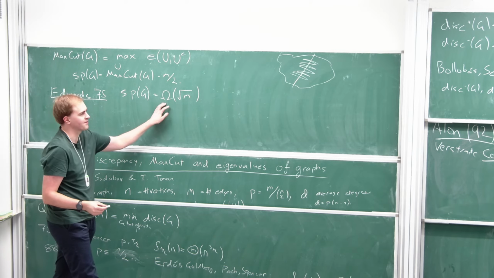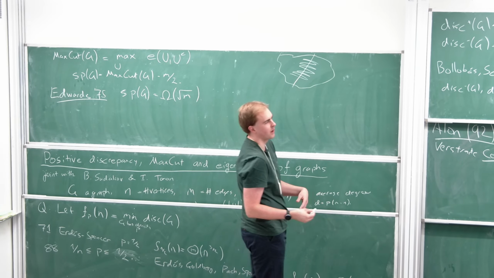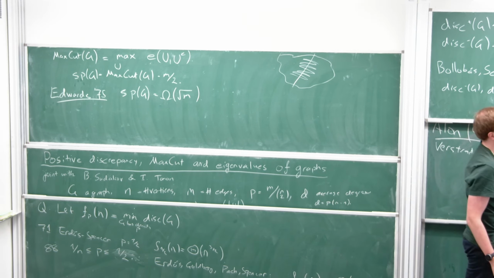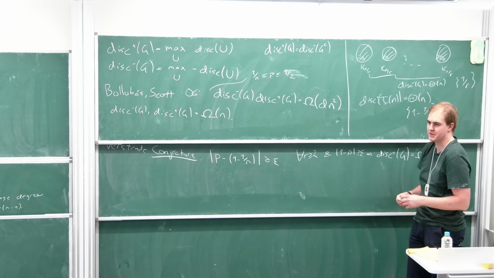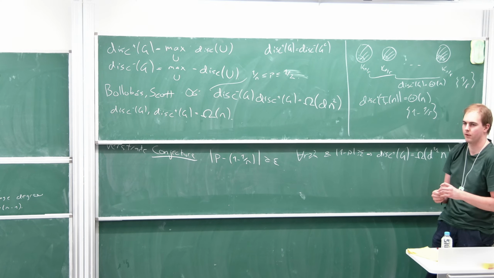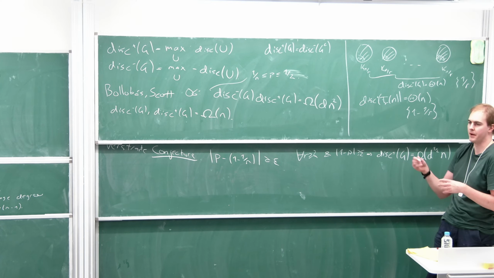But this asymptotic bound, it's quite easy to see that any disjoint union of cliques matches it up to this multiplicative constant. We can also perturb this graph a bit.